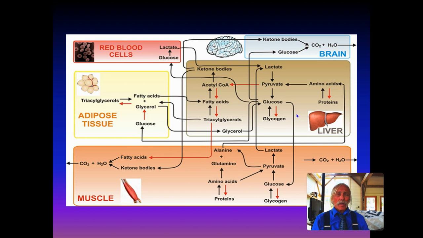So remember the end product, maybe you don't remember because we haven't gone over it recently, but those of you that are really good budding biochemists do remember that the end product would be glucose 1-phosphate and glucose 6-phosphate. So you need a phosphatase to have the glucose leave the liver. So see, that's how glucose is taken out of the liver. It's got to be dephosphorylated. If it's phosphorylated, the glucose is trapped there.